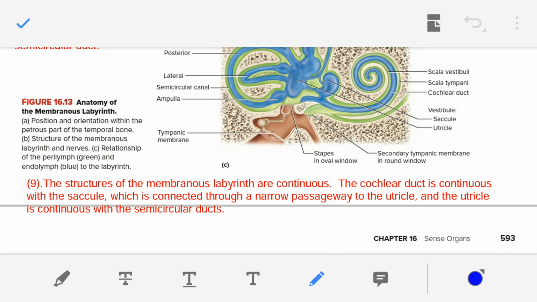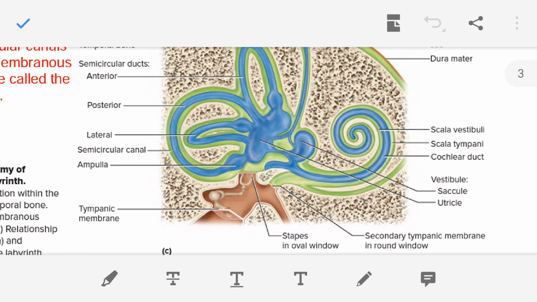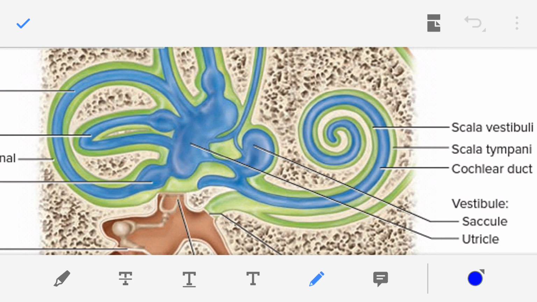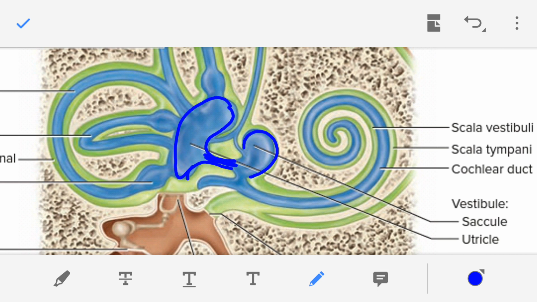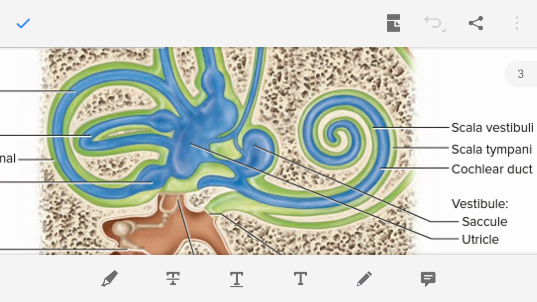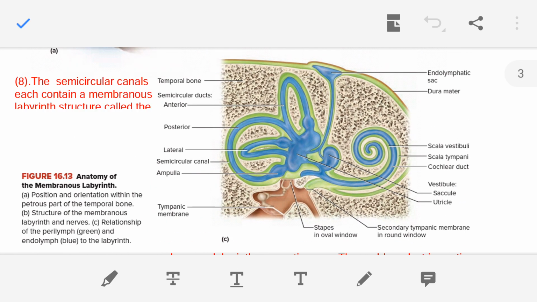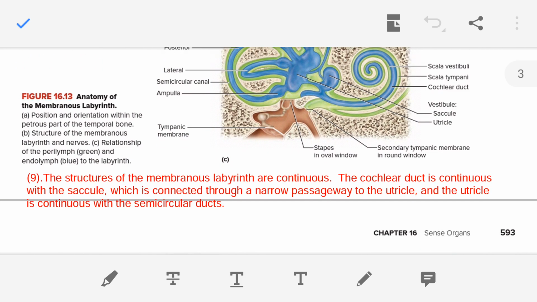Now, the saccule is connected with the utricle. The saccule connects with the utricle through a narrow passageway. So in the figure, see this portion is the saccule, this is the utricle, and they are connected. This portion is the narrow passageway which is present between the saccule and the utricle.